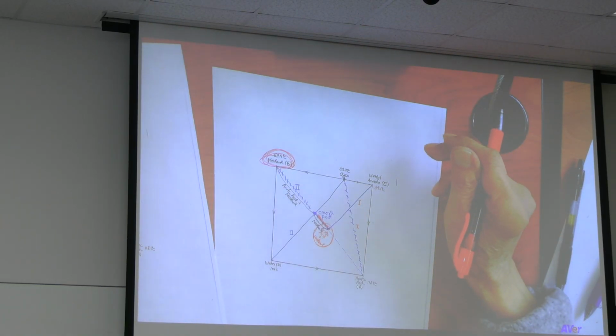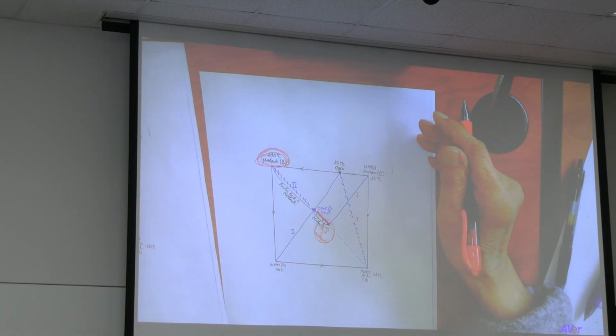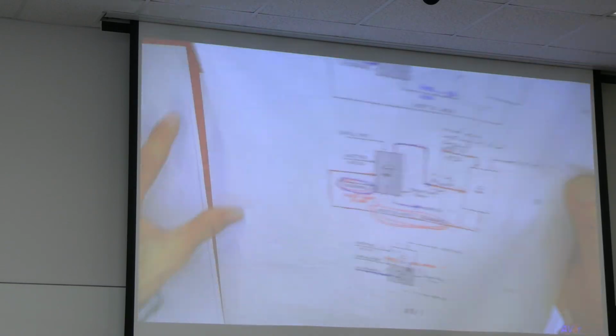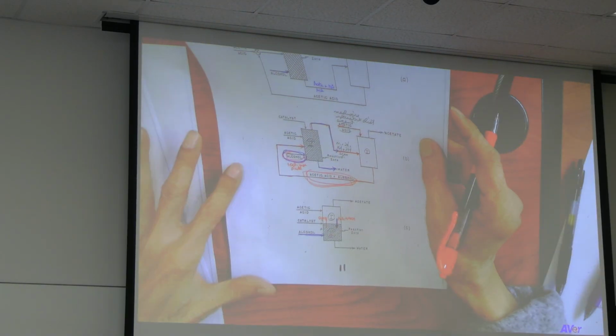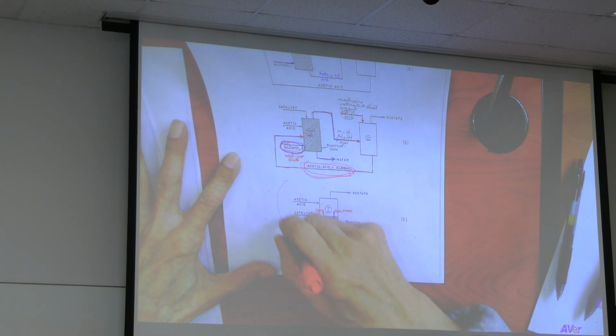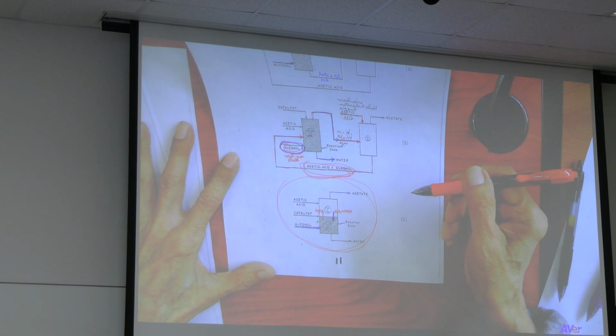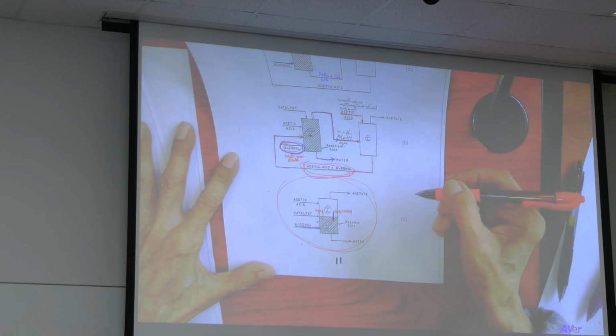Now, this is the feasible flow sheet. We have merged two columns into one. This is the reactive distillation column.